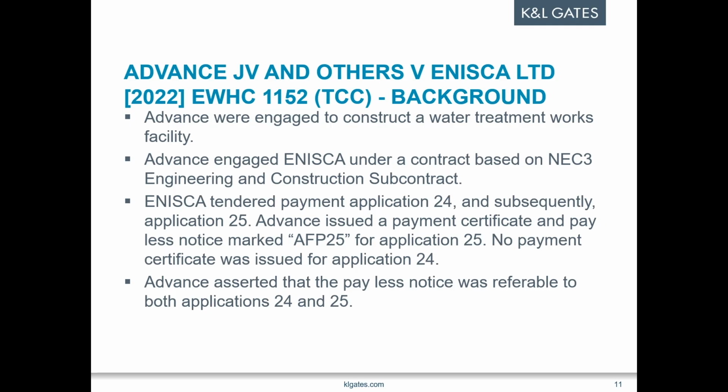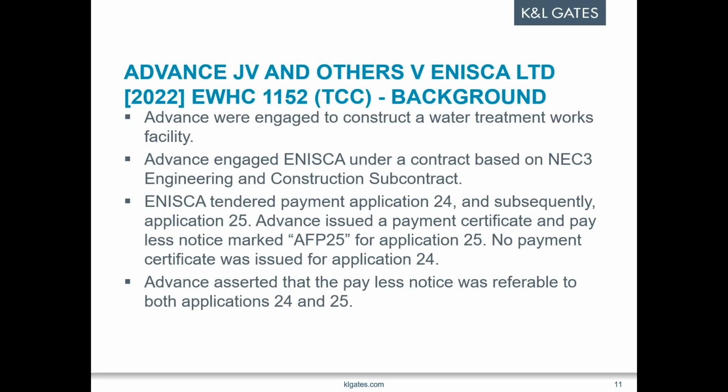And the terms of the pay less notice, they stated, would have indicated to the reasonable recipient that Advance did not intend to make any further payment, either in respect of application 24 or 25. And NEC made the point that under the Construction Act provision was made for notices to be given in separate payment cycles, with payment notices and pay less notices according to each cycle.